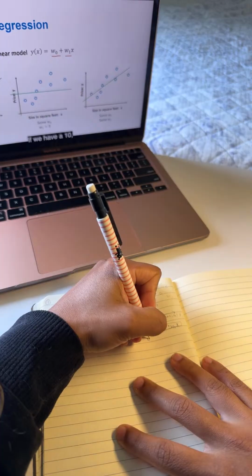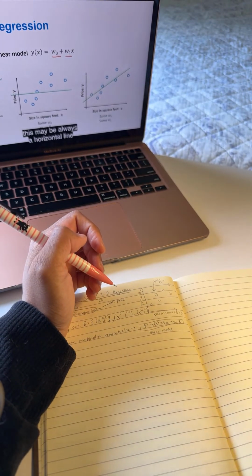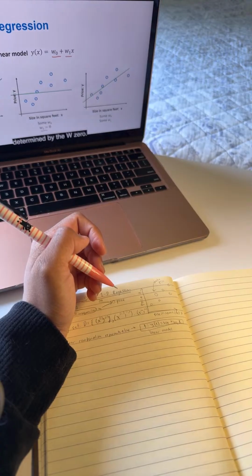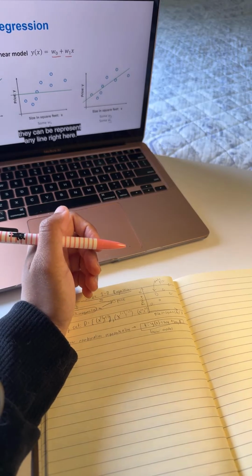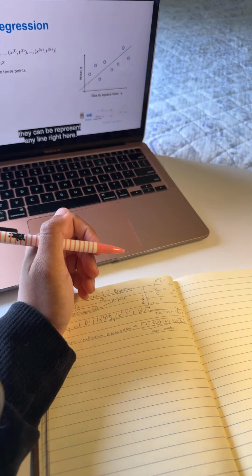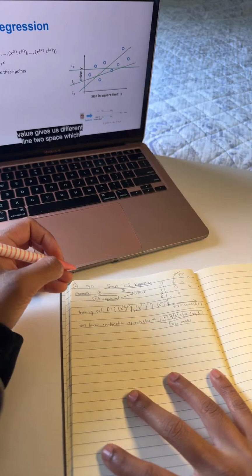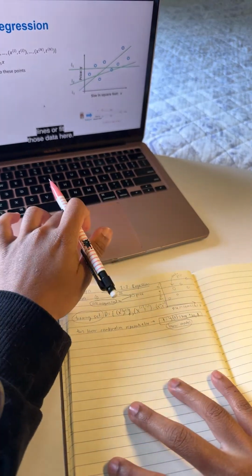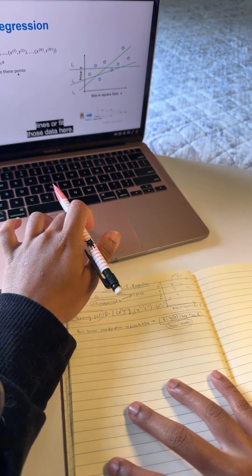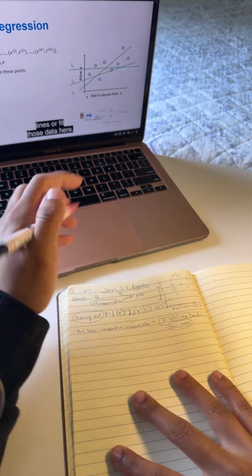If we have W1 as 0, this will always be a horizontal line, determined by W0. With general W0 and W1, they can represent any line, right? So the problem is that different weight values give us different lines in this 2D space. Which line best describes the data? We want to fit a model to these points. The line that best fits it is the regression model.